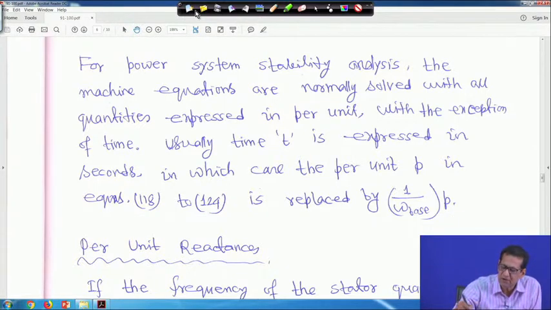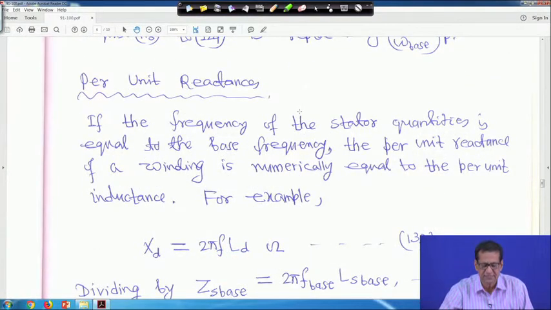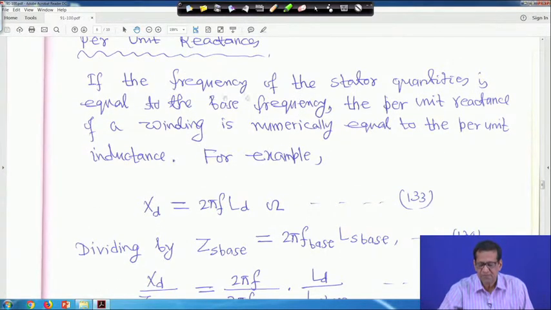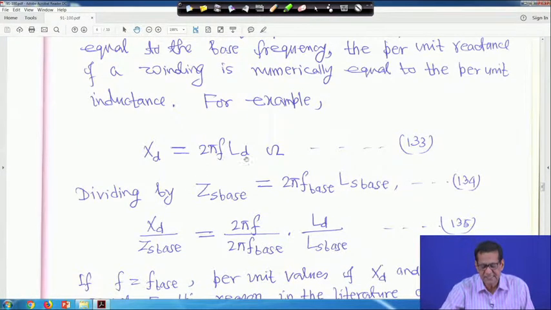Similarly, per unit reactance we have seen, but this is a summary, just repetition once again. If the frequency of the stator quantities is equal to the base frequency, the per unit reactance of a winding is numerically equal to the per unit inductance. For example, xd, we know in general x is equal to L omega. So, xd is equal to 2 pi f into Ld ohm, dividing by Z base, which is 2 pi f base L base on both sides.